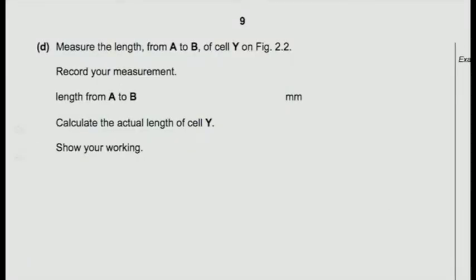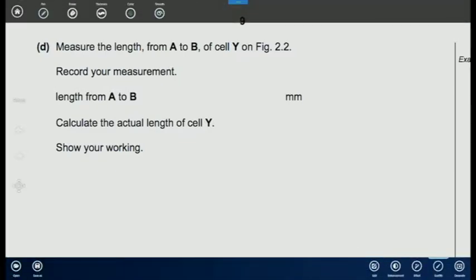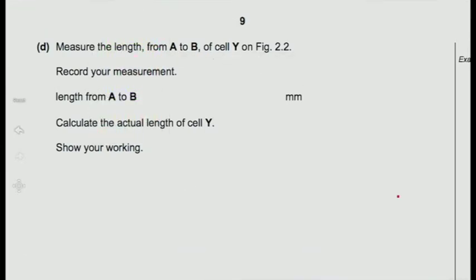Measure the length from A to B of cell Y on figure 2.2. Record your measurement, length AB. Calculate the actual length of cell Y. Show your working.